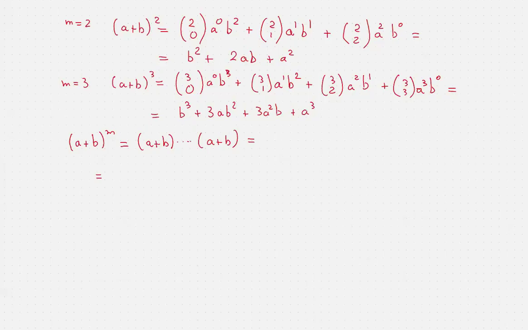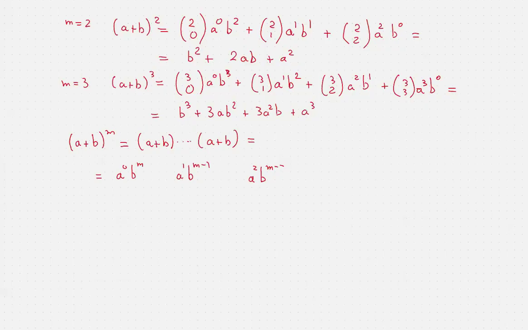So this means that you will have a product that will be a^0 times b^m, and another product that will have a^1 b^(m-1), and another product that will be a^2 b^(m-2), all the way to a^m times b^0.